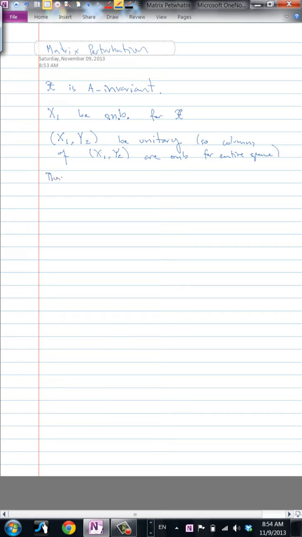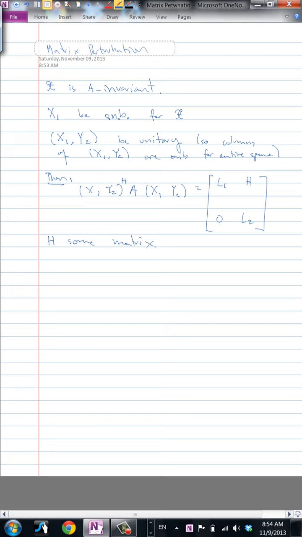In that case, the theorem that we said above says that [X1, Y2] Hermitian transpose times A times [X1, Y2] has this particular form: L1, H, 0, L2, where H is just some matrix. So H will not, in particular, always be 0.